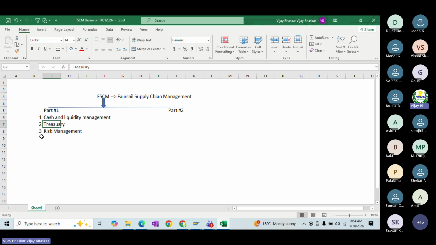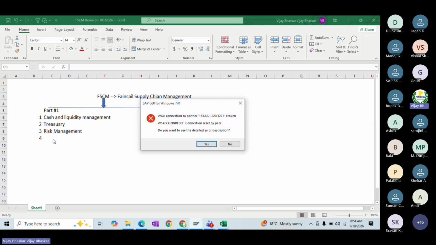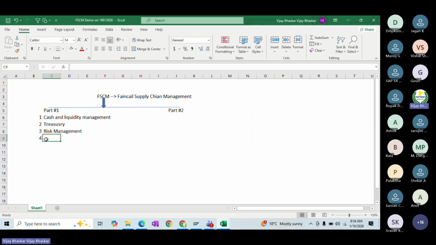That is how they are interconnected. Then the next one is bank in-house cash, especially IHC, in-house cash management.